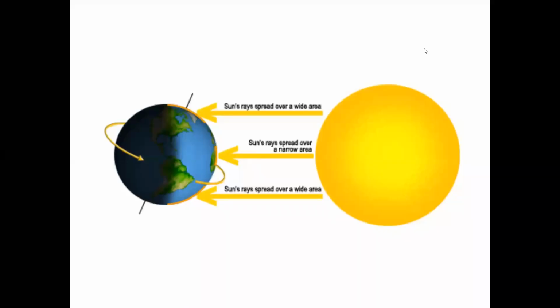So to review what we talked about today, rotation. How long does a rotation take? 24 hours, and that is the Earth spinning on its axis. That's right. We have a revolution. The Earth is traveling around what? The sun, yes. How long is one revolution around the sun to be exact? 365 days and a fourth.